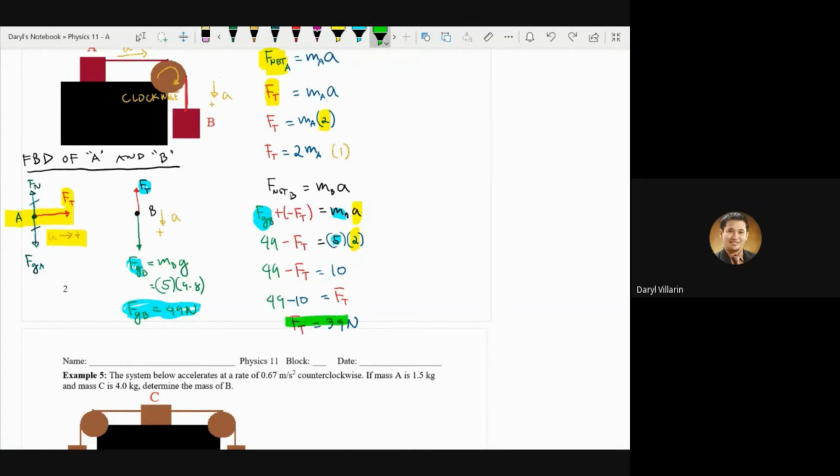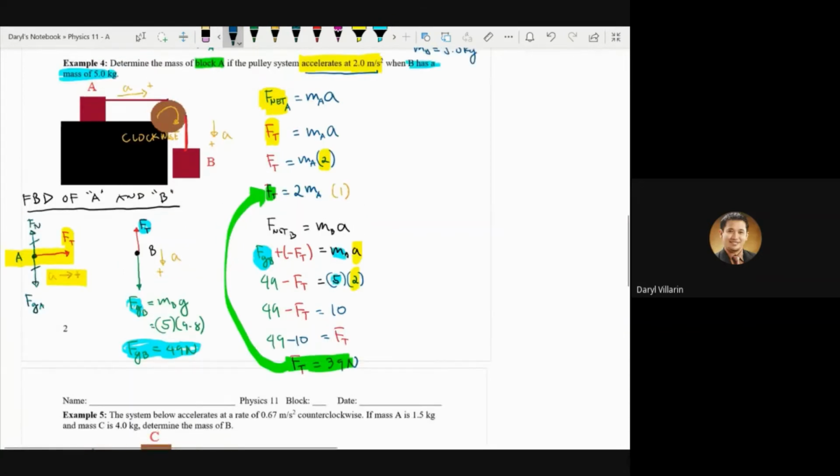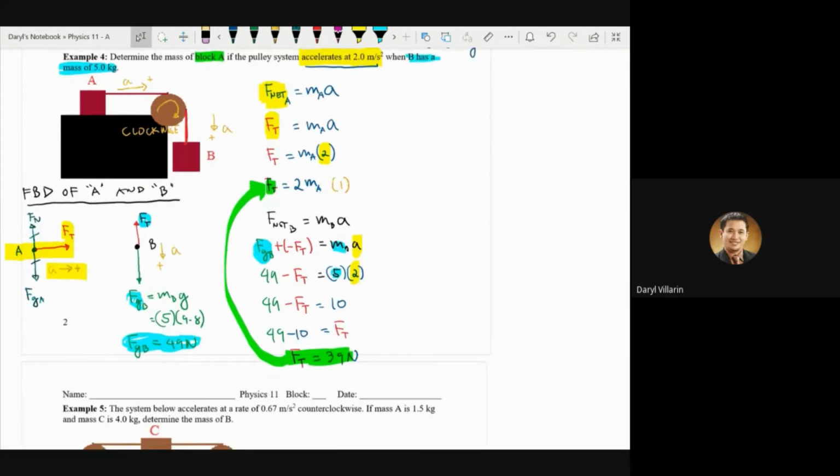So just substitute this value to here. Okay. So I'm just going to write it out. Substitute Ft is equal to 39 to equation 1, to your first equation.